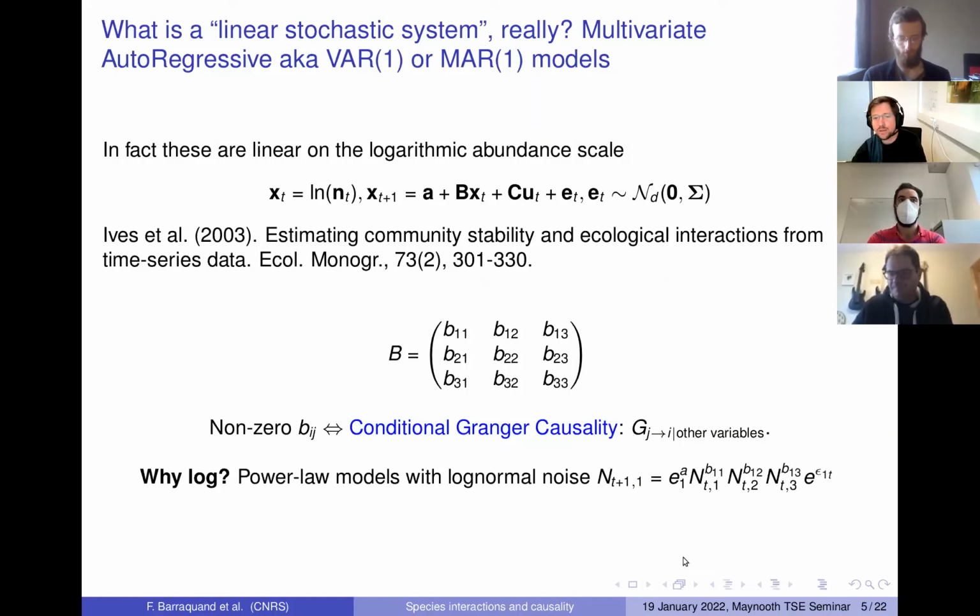And if we back-transform this model, we see that it's actually a power law model. That's what I'm showing here in the equation. And as we know, power laws are fairly good at representing monotonic nonlinearities. So this suggests that these models, just by adding a little bit of a log transformation, might be more robust to nonlinearities than one thinks.